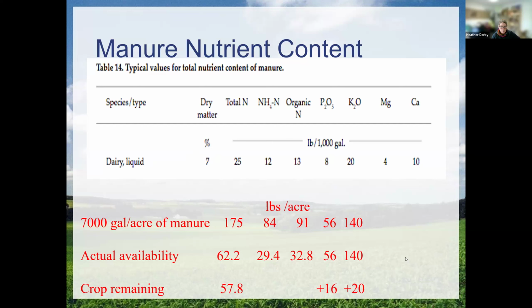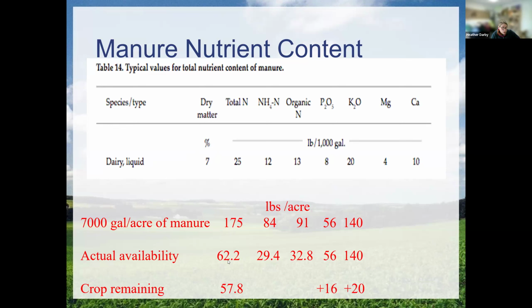If we just wrap up this example, when we applied the manure, this is the nutrients that went on that field on every acre. A lot. This is what was actually available, or what we predicted was available. Overall, we ended up with 62 pounds of that 175 pounds.